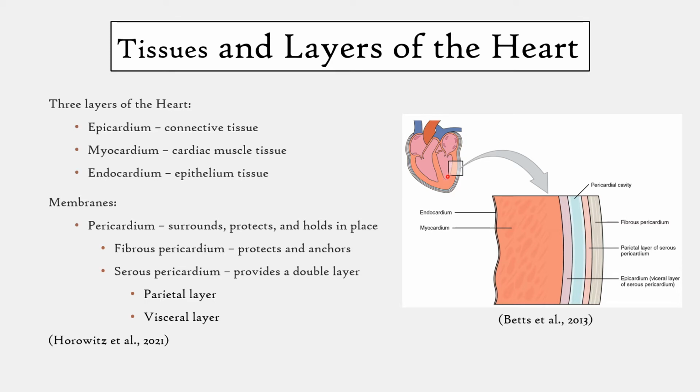So the endocardium is composed of epithelium and connective tissue. The connective tissue helps connect itself to the myocardium, while the epithelium lines the chambers of the heart and covers the valves.